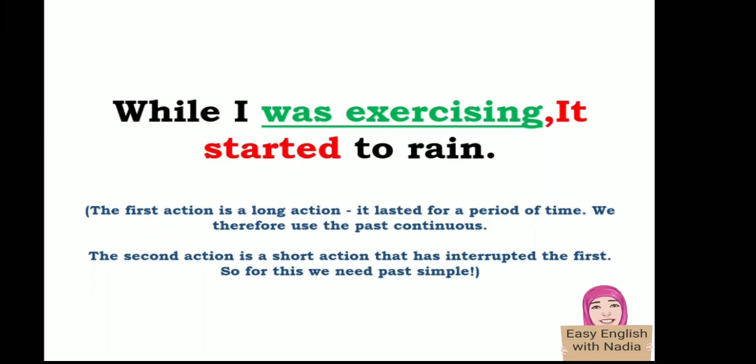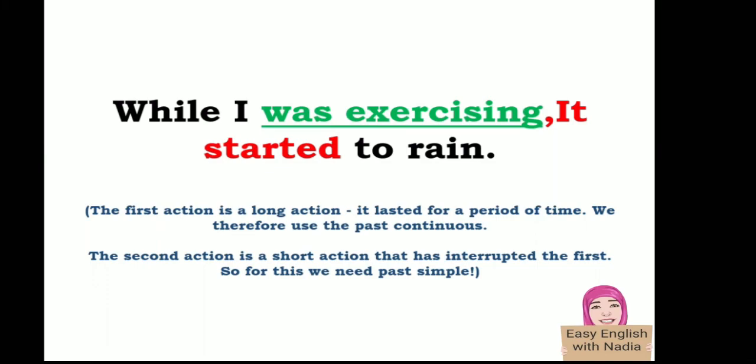The second action is a short action that has interrupted the first. So for this, we need the past simple. So, in this sentence, we have two actions, a long action and a short action.